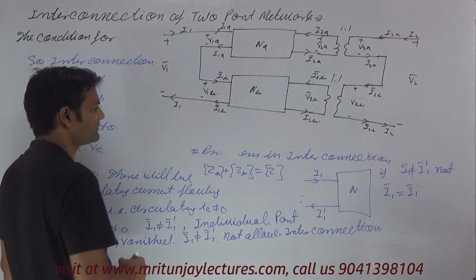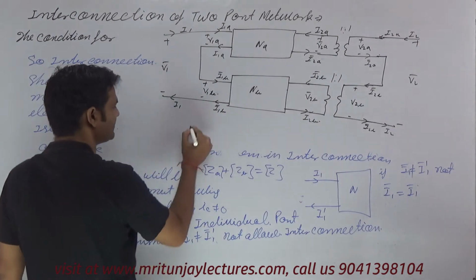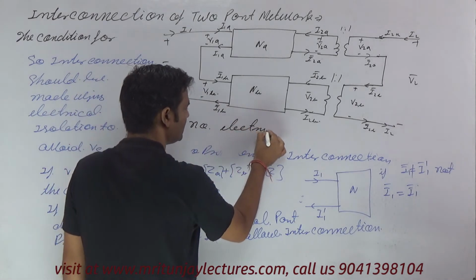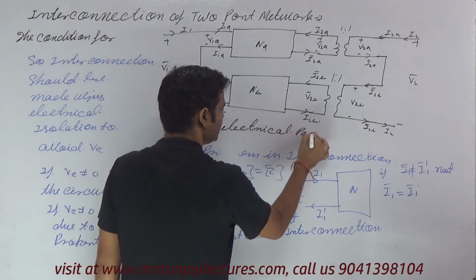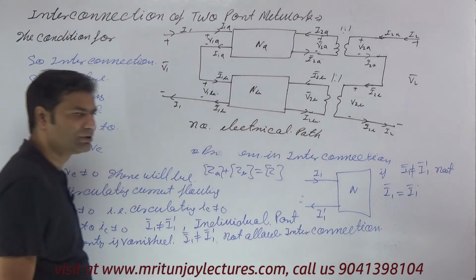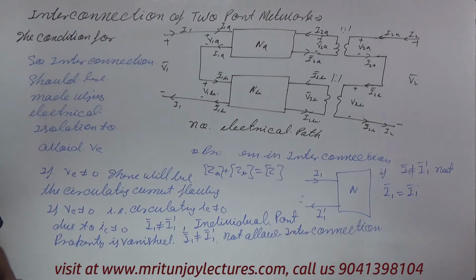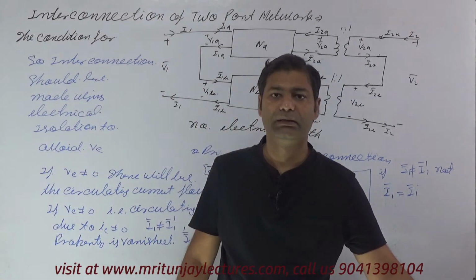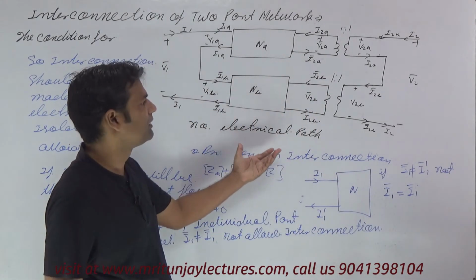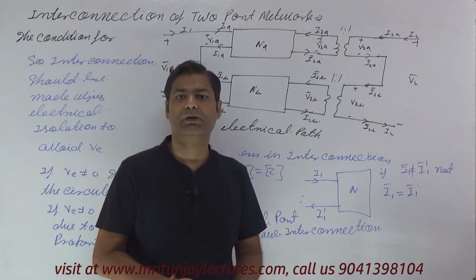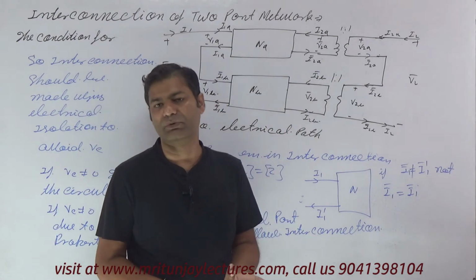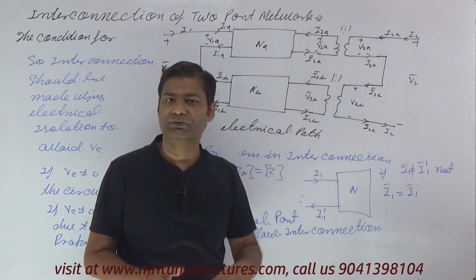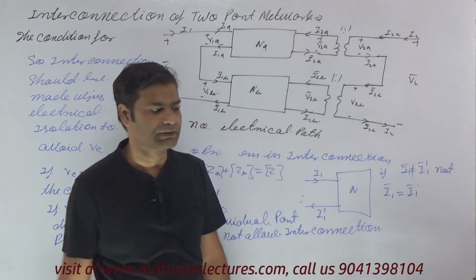There is no electrical isolation, no electrical path in here. If no electrical path is available, then it is very simple: no circulating current. No electrical path is available here, so no circulating current is available.